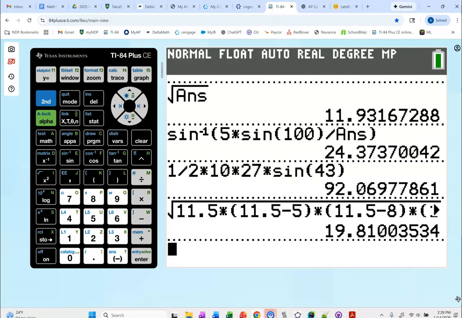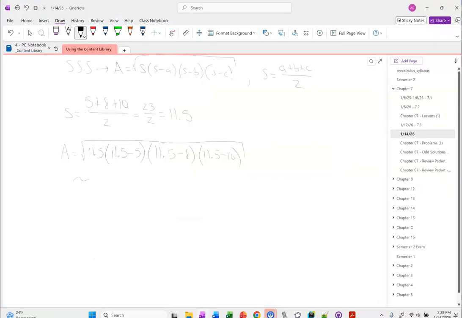No, you don't. And so I get about 19.1. And since the unit was meters and this is area, it'll be meters squared. Oops, it was 8.1, right?